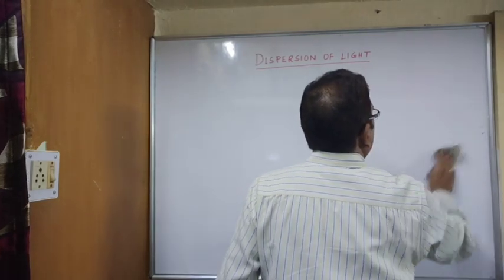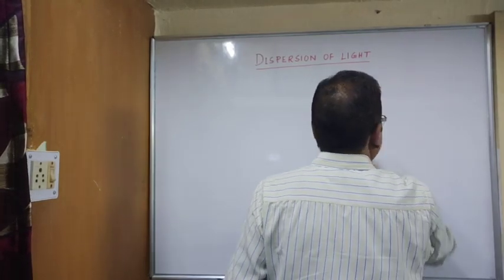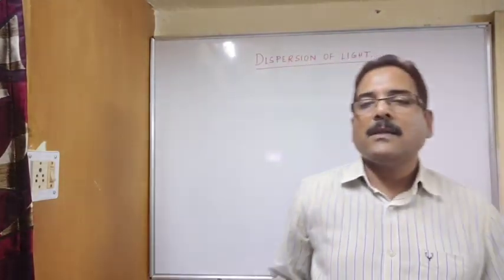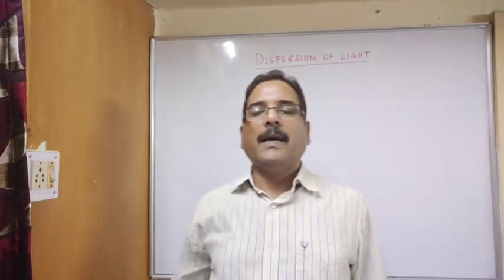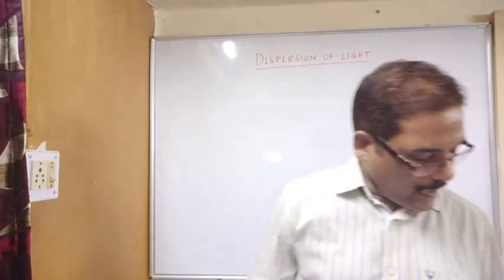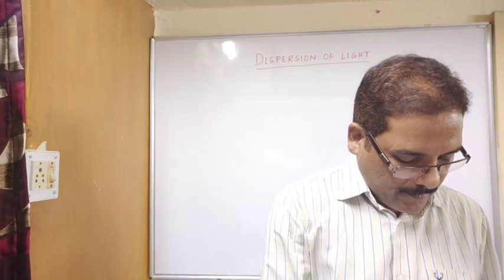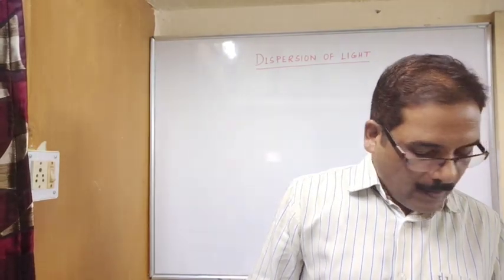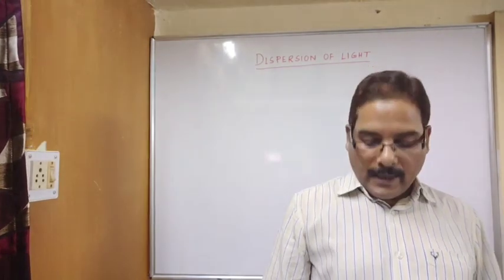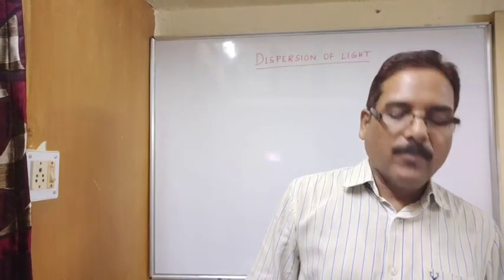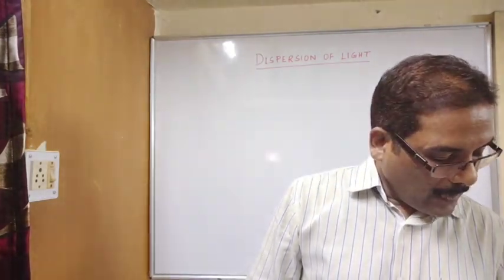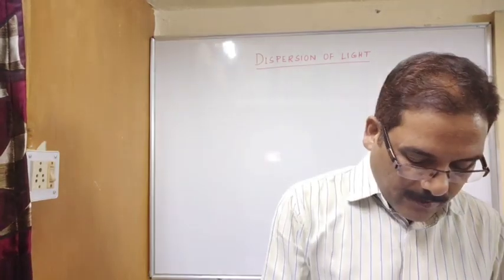We have a lot of diagrams in this topic. So far we have discussed 3 diagrams. Out of 3, I drew two and told you to draw the last figure, 11.6. Now if you get this question, how does a rainbow form, explain with the help of a diagram, then you have to draw this figure.